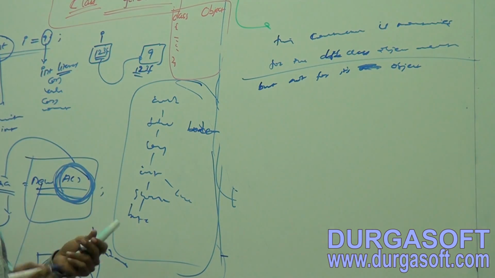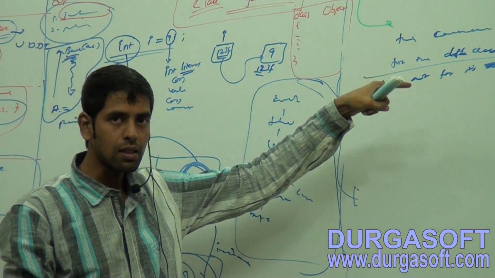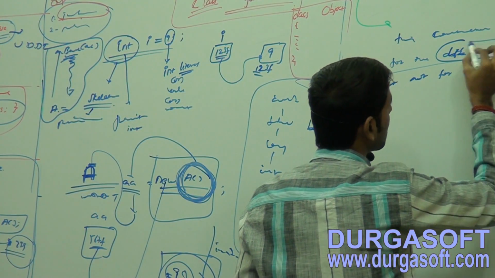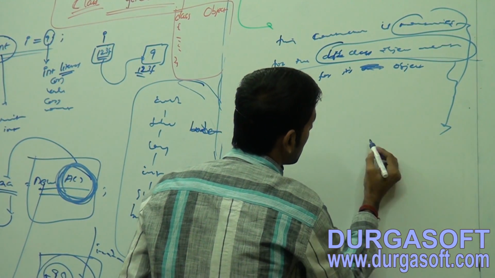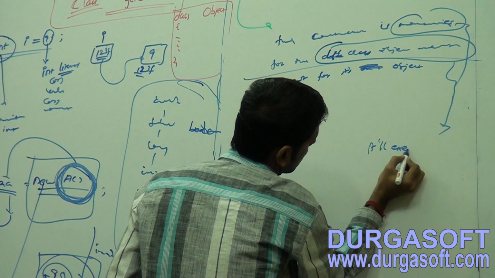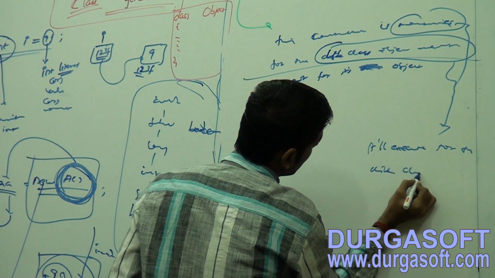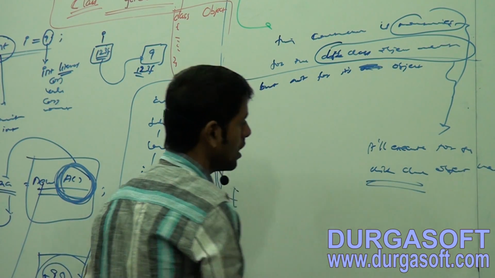As I said, it is maintained for child class object creation. Child class object creation means it will execute for the child class object creation.